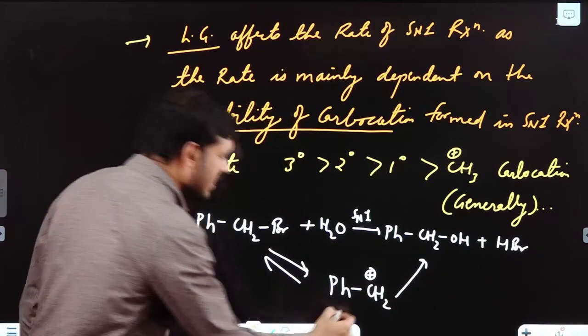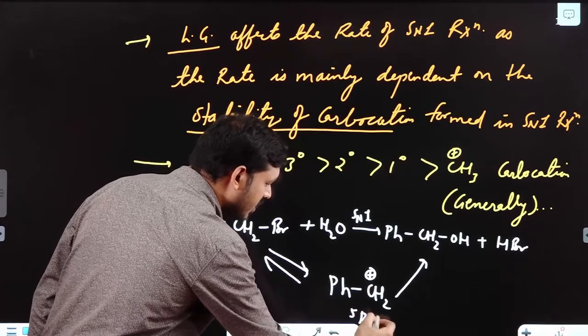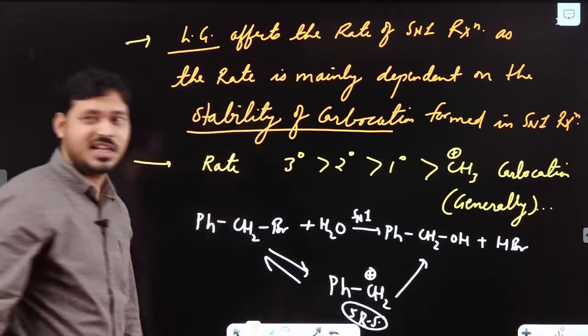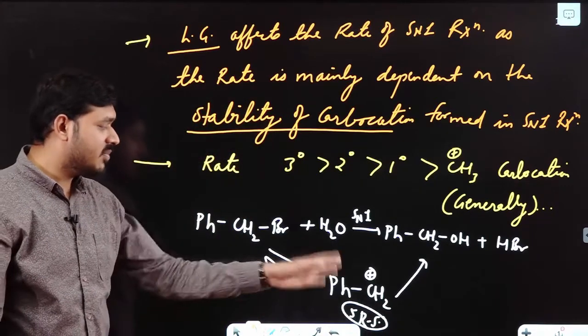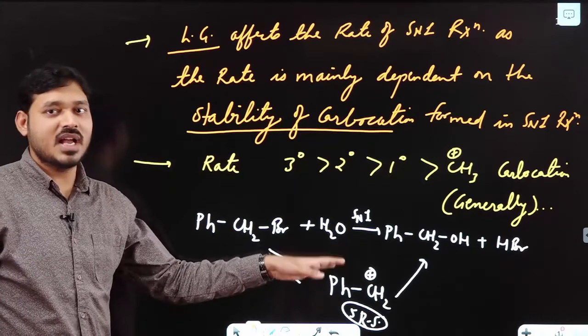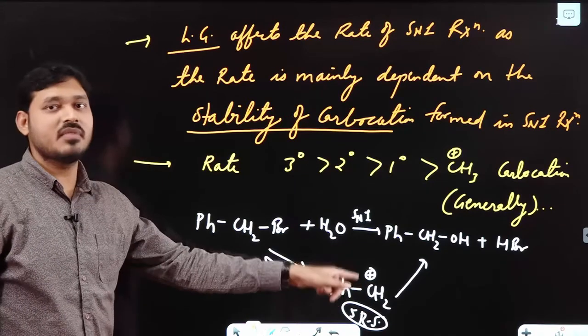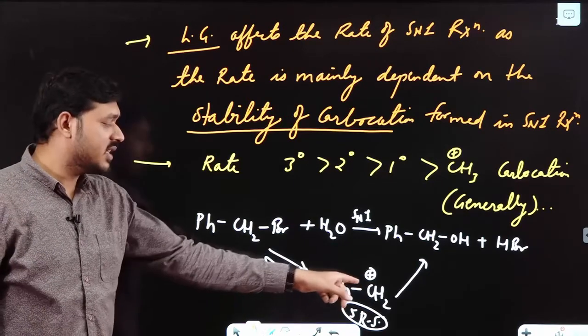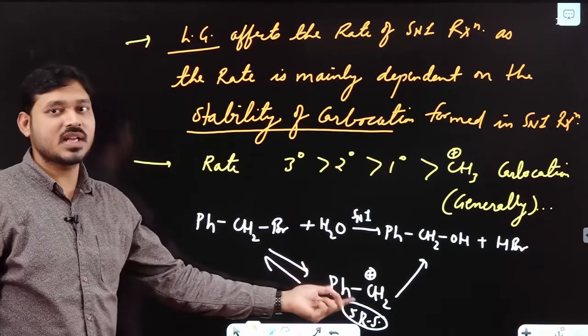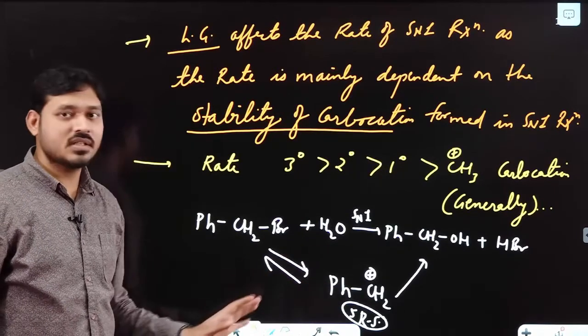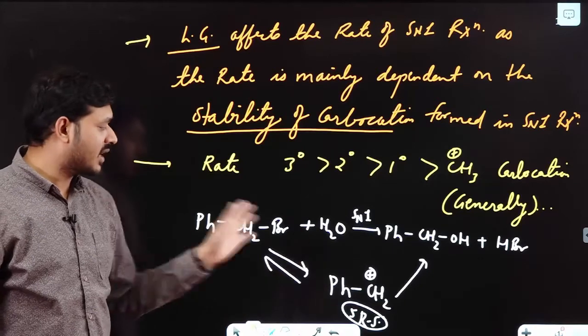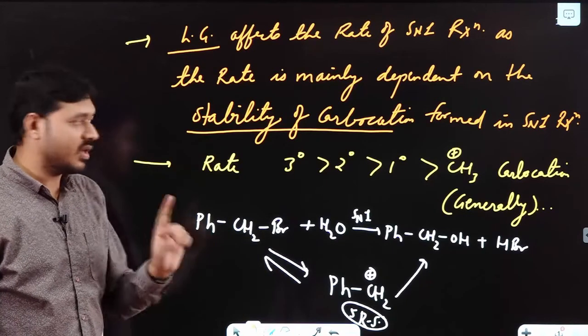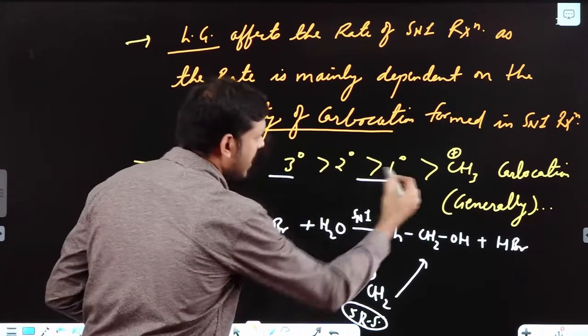Okay, so this is having 5 resonating structures. Clear to you? So you can understand, if the carbocation generated is very highly stable, although it is primary 1 degree carbocation, but it is having resonance with this phenyl ring, so it is highly stable. So on that basis it is more reactive for SN1. Clear? So remember, this part is generally.